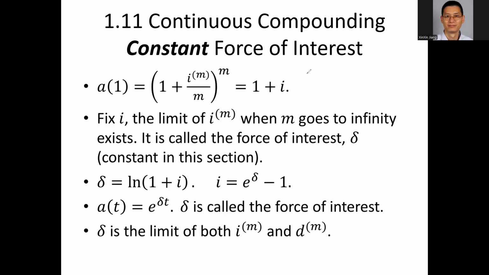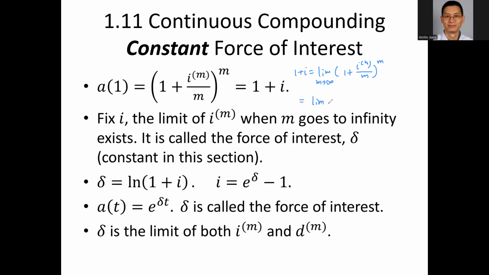We're going to use a very famous limit in calculus: the limit of (1 plus 1 over m) to the m, where m goes to infinity. That is e. e is a number like pi. So we use this to work on the limit, and the limit is 1 plus i. So 1 plus i equals the limit of 1 plus this quantity as m goes to infinity.